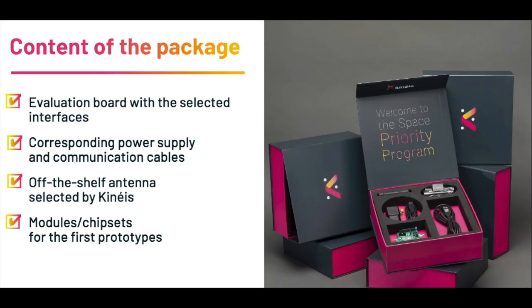So when you enter the Space IoT program, you receive this package, which has a few chipsets or modules, the evaluation board with the selected interfaces. We'll go into that later. Of course, the corresponding power supply and communication cables, an off-the-shelf antenna selected by Kinéis after a testing campaign, and modules chipsets.